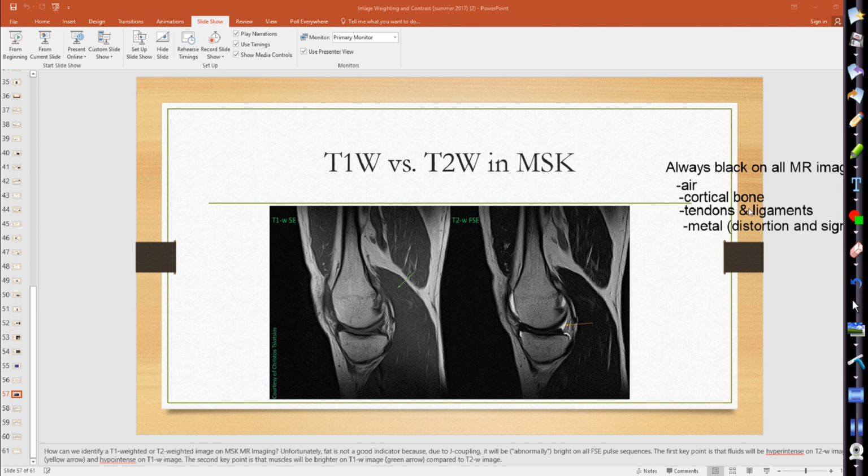So if you have a prosthesis in the patient, it's going to distort the image, cause an artifact, and there will be rapid signal loss, and it'll appear black. So no matter the image weighting, these structures are always going to appear black on MR images.